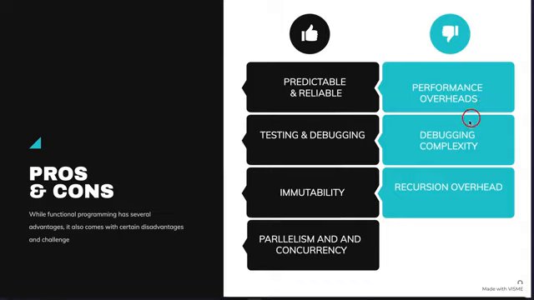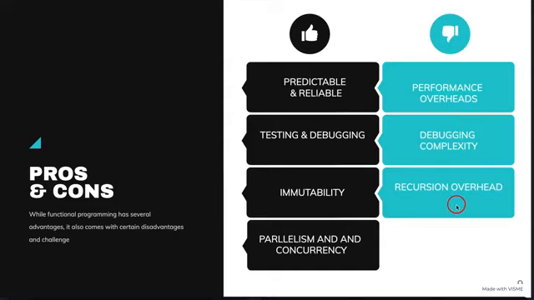The next one is debugging complexity. Debugging functional code, especially when dealing with complex recursion or higher order functions, can be challenging. Stack traces may not provide as much insight into the program state, and that is a disadvantage.